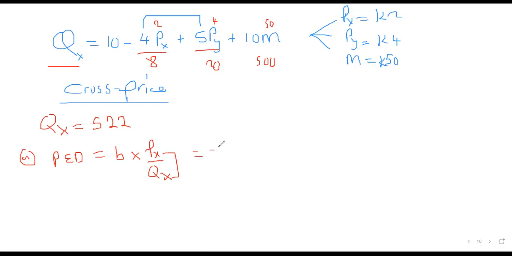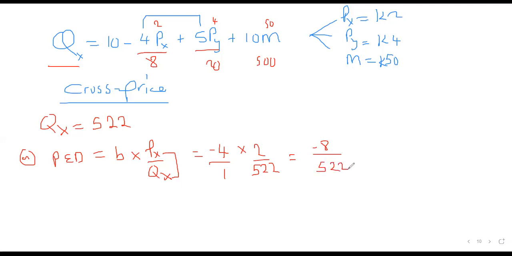Our B is -4 here. What is the price of good X? It was 2 kwacha. And the total number of sales was 522. So 4 times 2 is -8, over 522 times 1, which is 522.